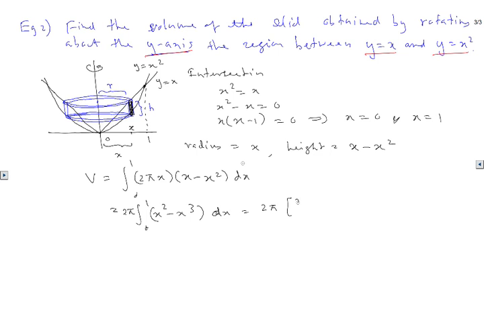The integrals are x cubed over 3 and x to the fourth over 4, from 0 to 1. Plugging in 1 and 0, 1/3 minus 1/4 is 1/12. So with that, 2 pi over 12, which is pi over 6 unit cubed. That's the complete problem. You can see those are simple, it's not that difficult.